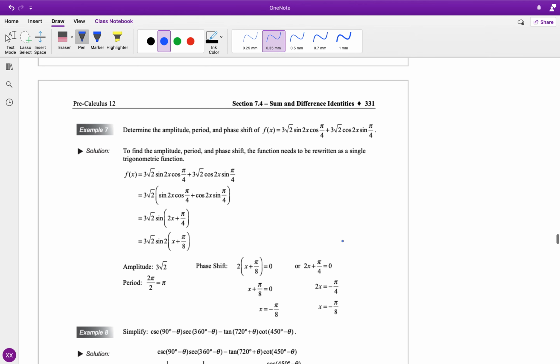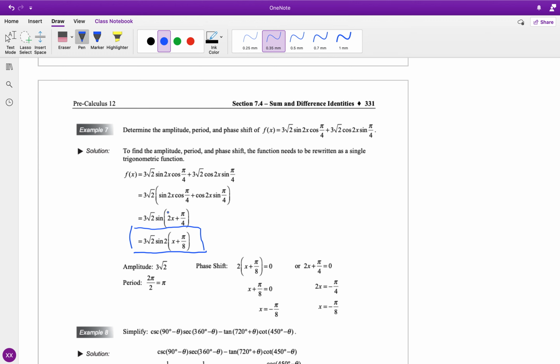Now, next question. This one, you've got to get the amplitude, period, and phase shift. So you got to put them into one sine function, or cosine function. But after you organize it, it becomes a sine function.